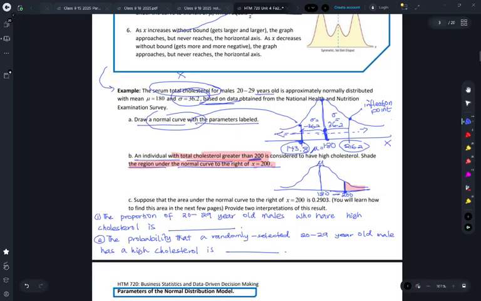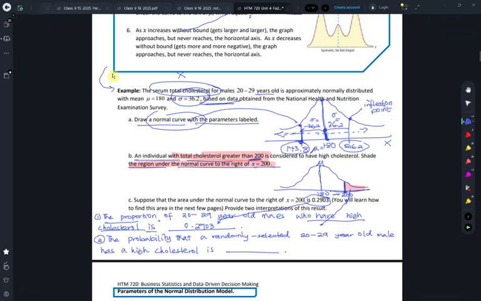In our probability finding, how can we interpret this area? The first interpretation is that the proportion or the fraction of those in the population of interest, 20 to 29-year-old males, who have high cholesterol, greater than 200, is this value that has been provided to us, 0.2903.